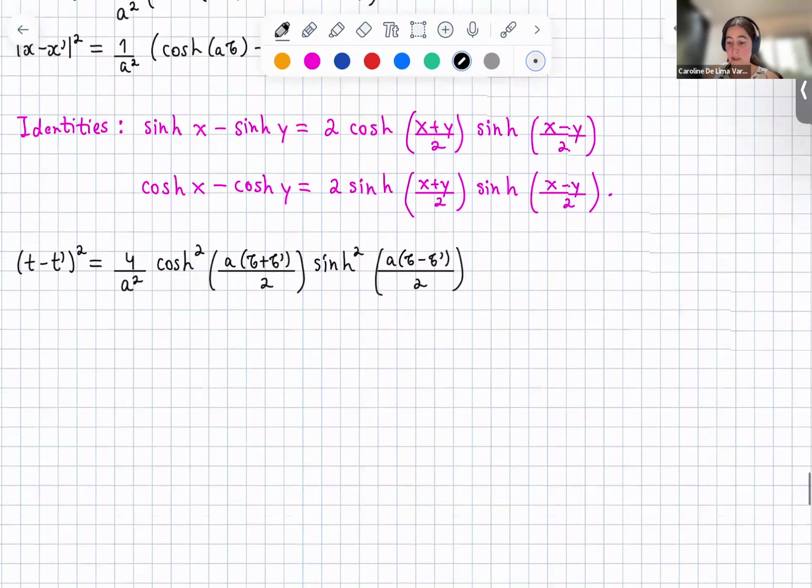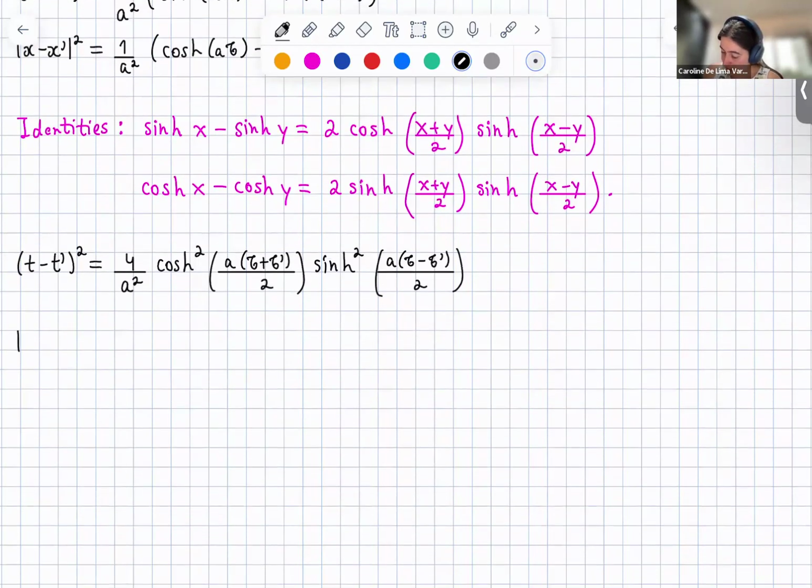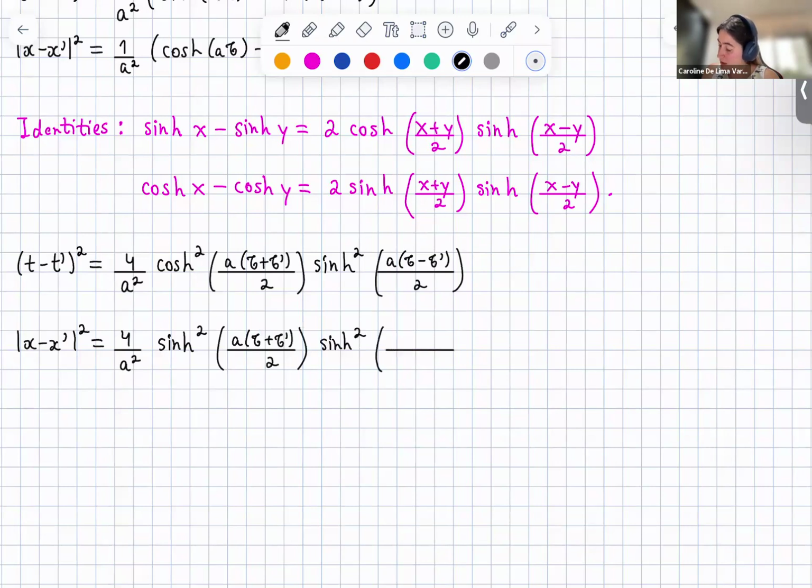If we do the same for the x part, we get 4 over a squared times sinh squared of the sum, a times (tau plus tau prime) over 2, times sinh squared of the difference.